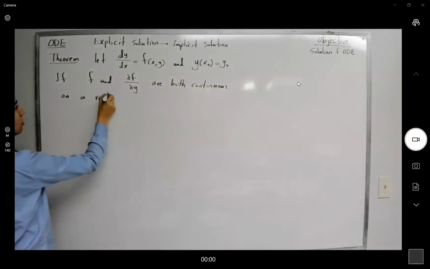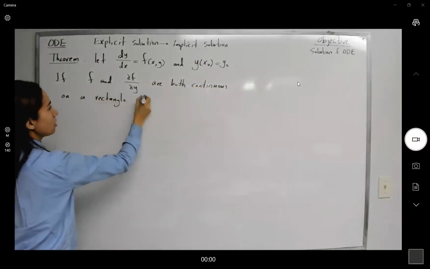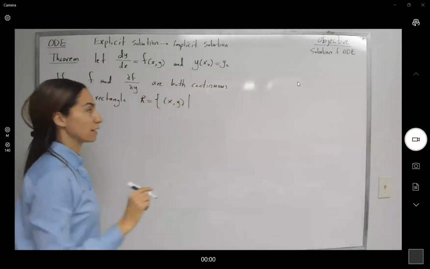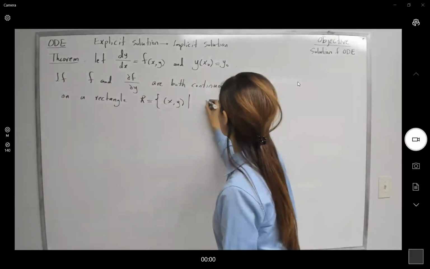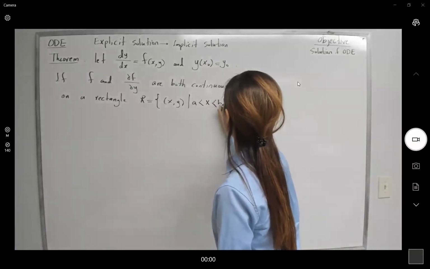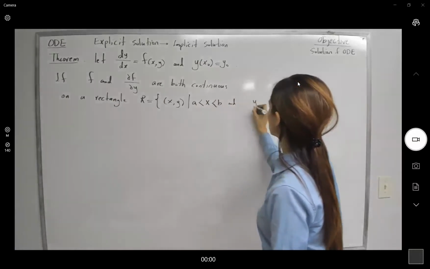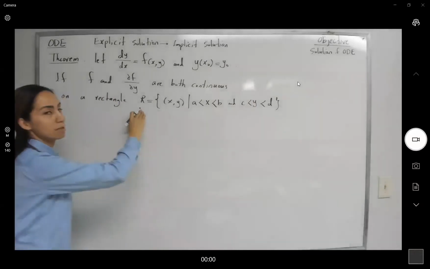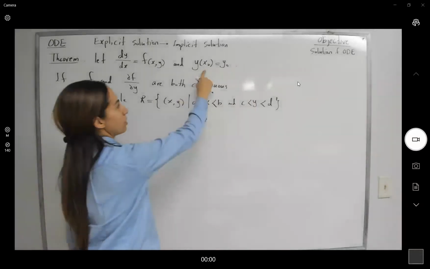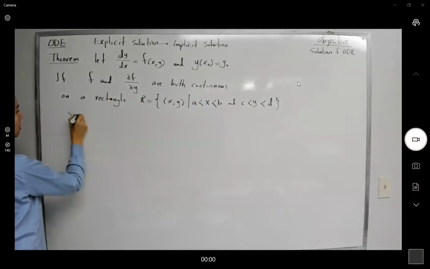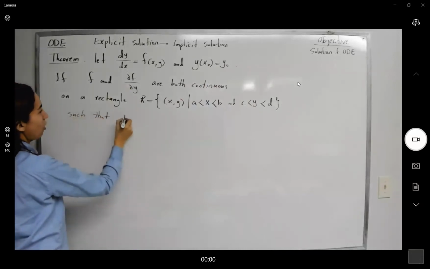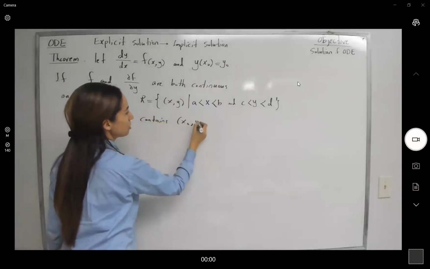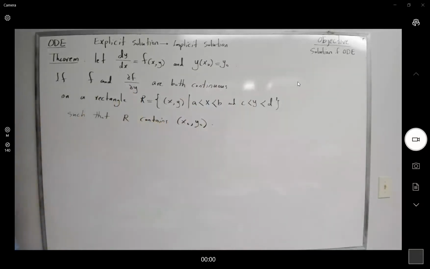on a rectangle R, which is defined as the set of all x and y such that x is bounded between two constants a and b, and y is bounded between two constants c and d, and this rectangle contains the point x sub 0, y sub 0.